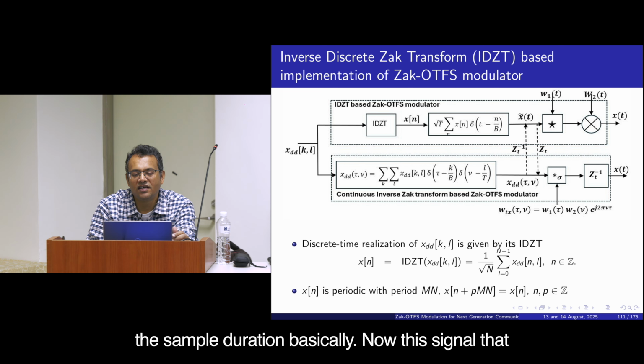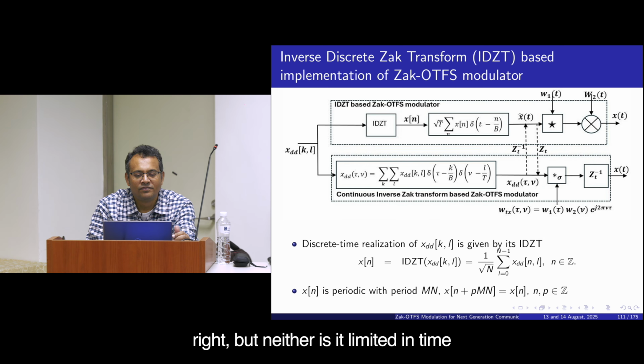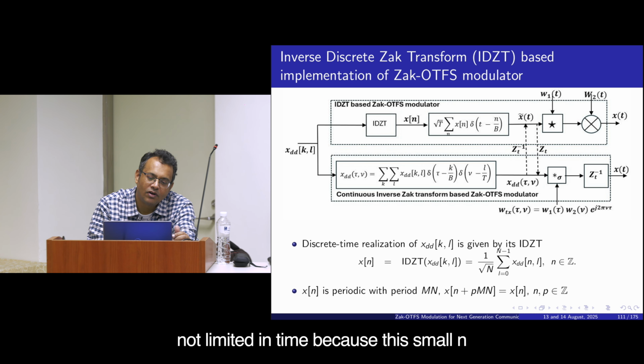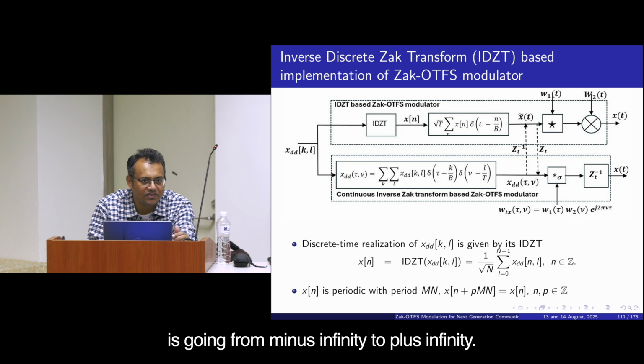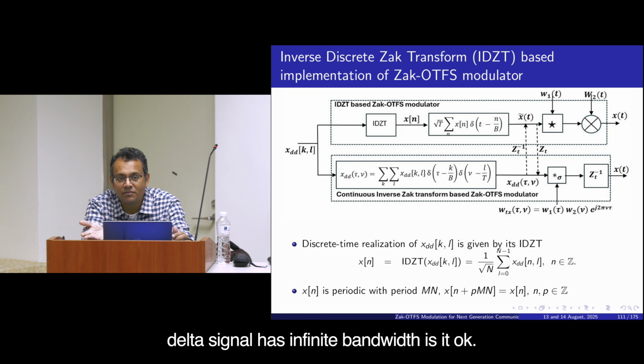Now this signal that you got is going to be continuous time, right? But neither is it limited in time, nor is it limited in bandwidth. It's not limited in time because this small n is going from minus infinity to plus infinity. It is not limited in bandwidth because the delta signal has infinite bandwidth.